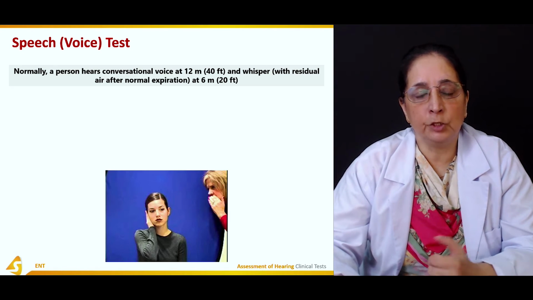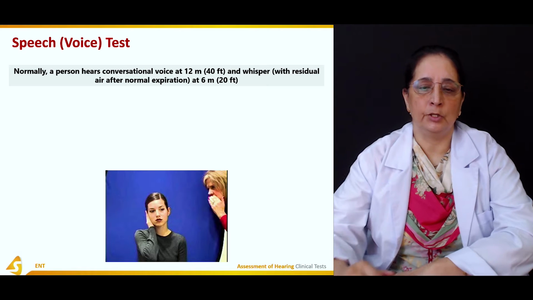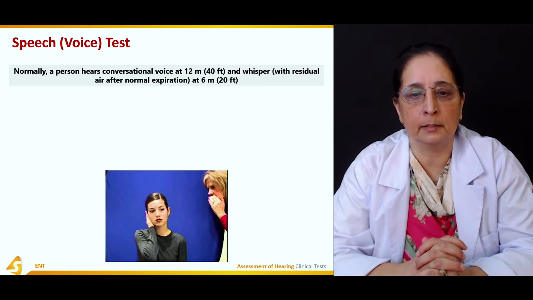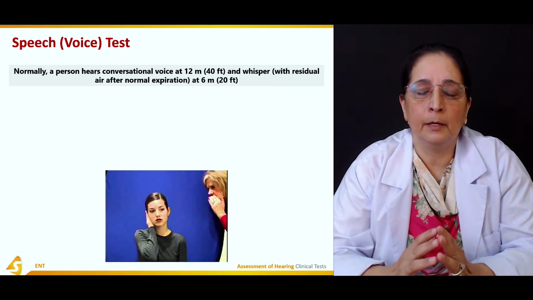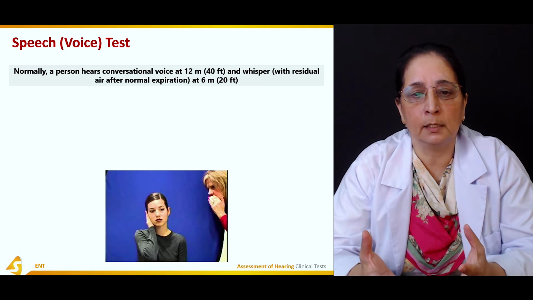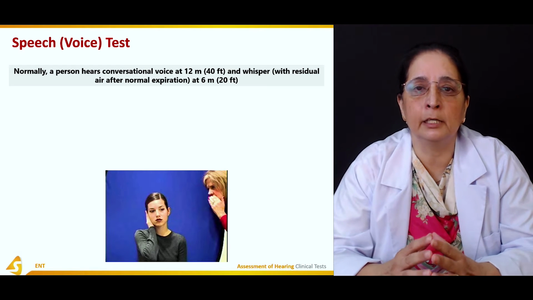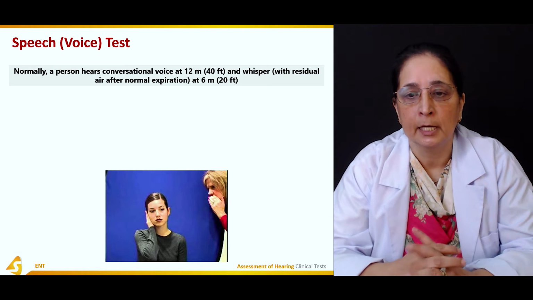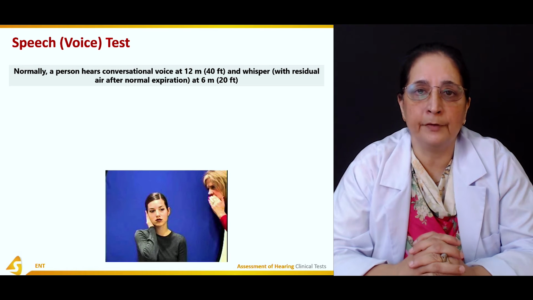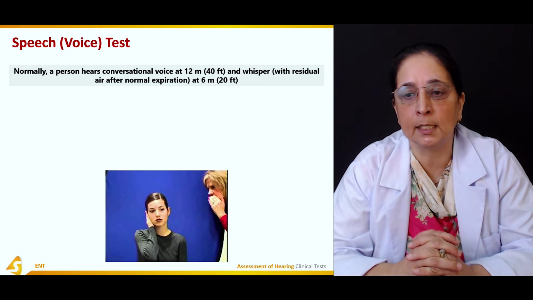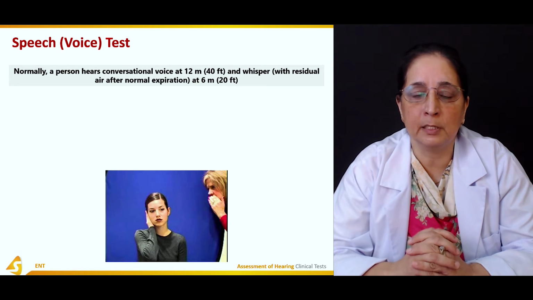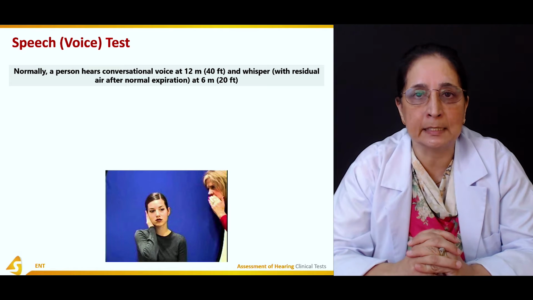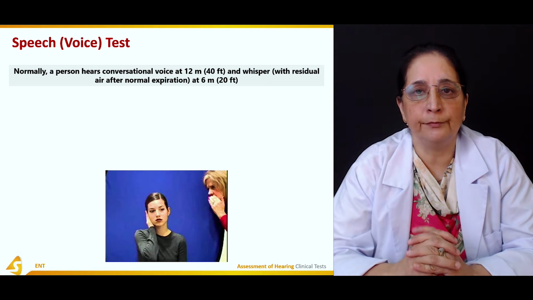Then the speech or voice test is performed, and the normal person starts hearing the conversational voice usually at about 40 feet distance or 12 meters, and the whisper is heard at about 6 meters or 20 feet distance.